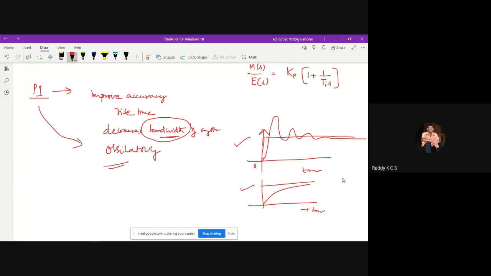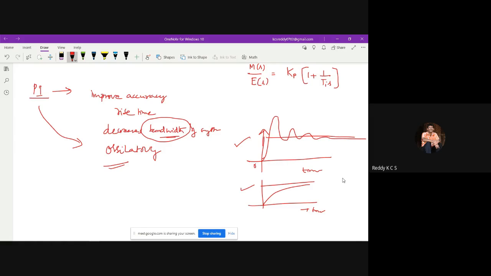That is why wherever offset error problems are there, we can use PI controllers. Also, for slow changes in the load: to prevent oscillations, changes in the load should be done relatively slowly.